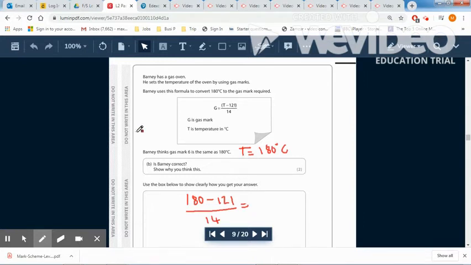If we type that on the calculator, we're going to get out 4.214, etc. So he thinks it's going to be equal to gas mark 6. Is he correct? No. If he was correct, what would have come out here would have been just 6.